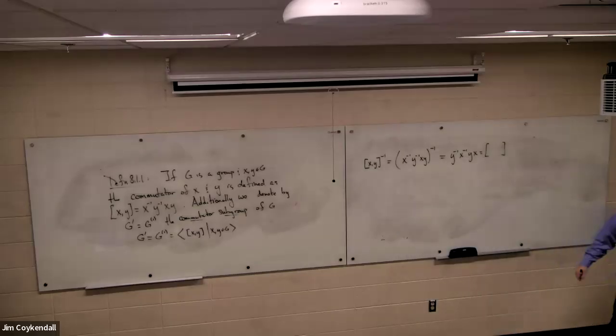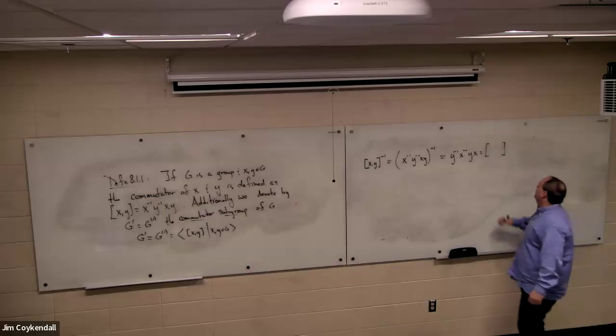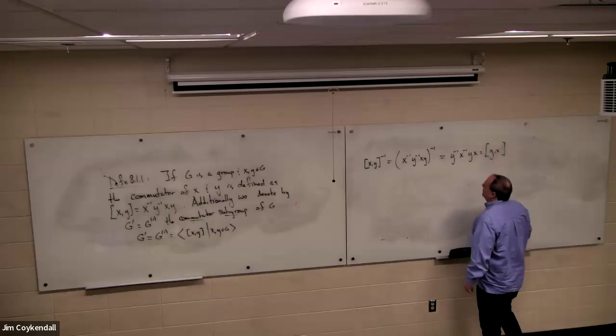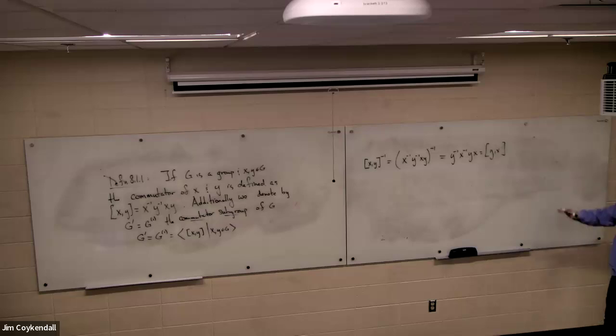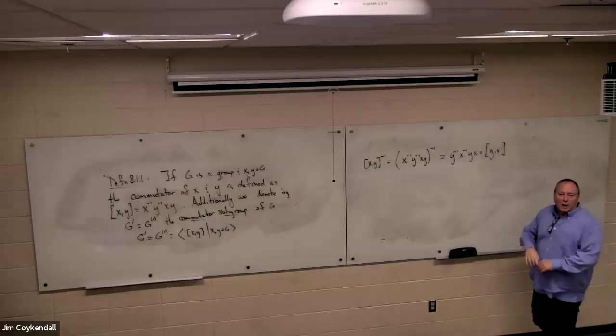Do you recognize that as a commutator? That should be what? So what this line says is the inverse of the commutator xy is this other commutator, yx.